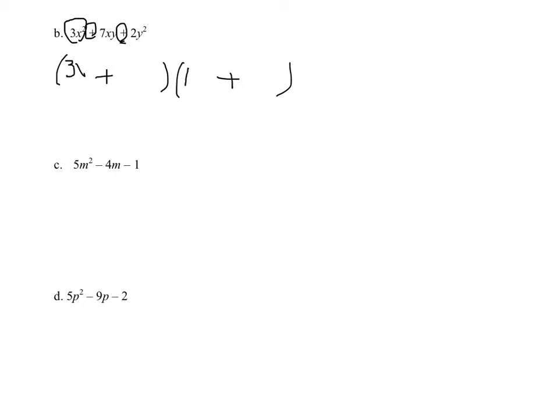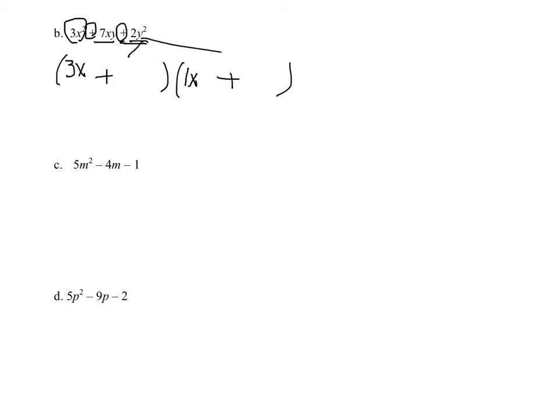And x squared, you must tag it right along. Now look at this ending guy. The ending guy is 2y squared. And the middle guy is 7xy. And you're like, oh my gosh, how am I going to get an xy in there? And I'll show you what happens.